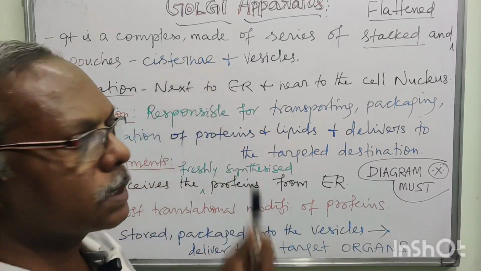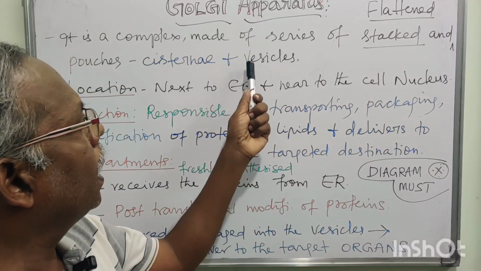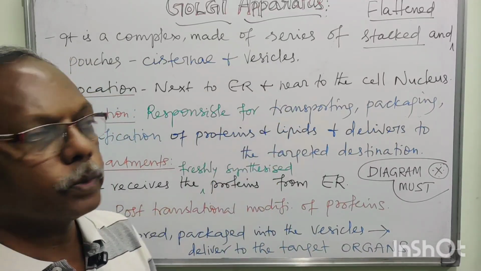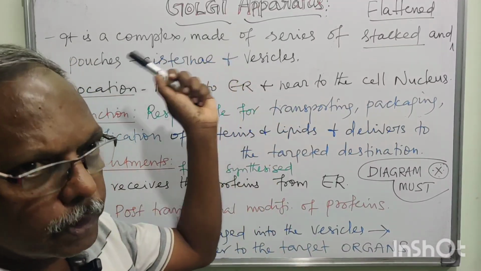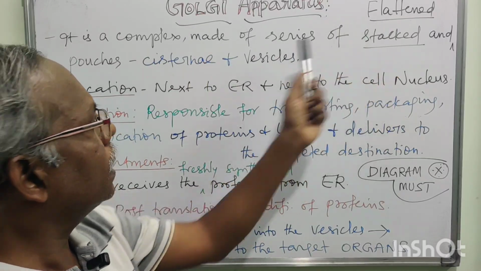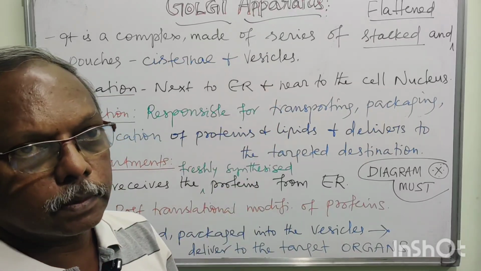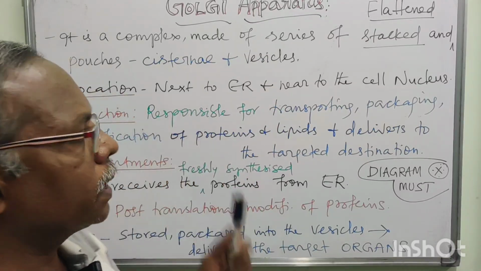That is called a cisterna. What is the name? Cisterna. And vesicles. So it is a complex made up of a series of stacked and flattened pouches and vesicles.